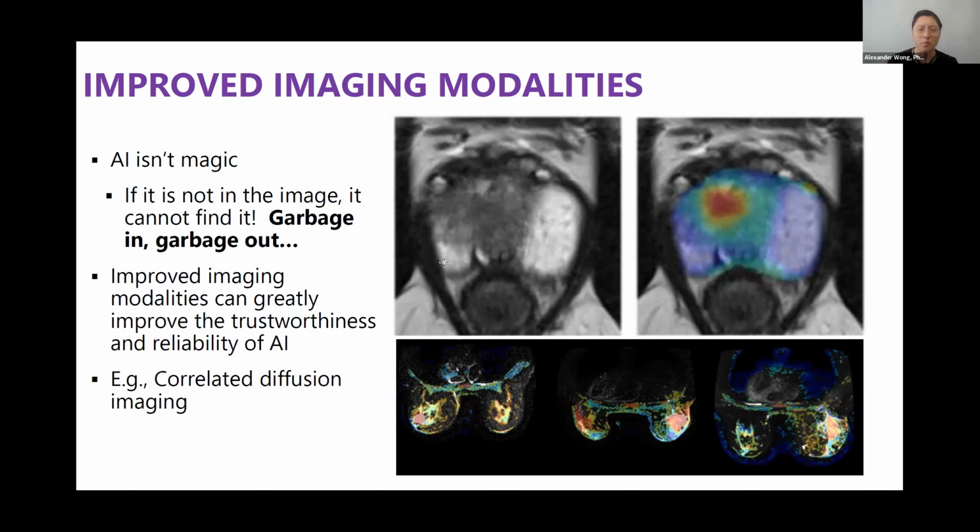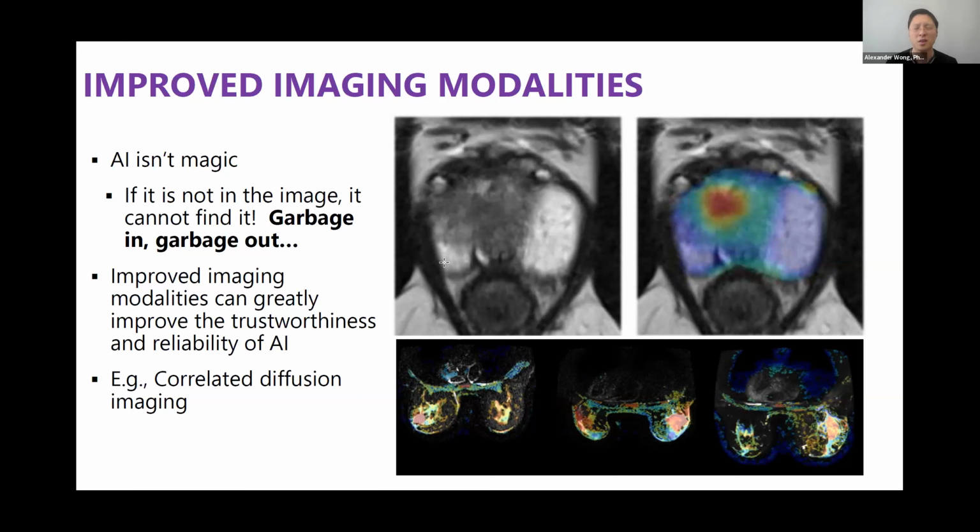And that's where improved imaging modalities can greatly improve the trustworthiness and reliability of AI. So one great example is, what if we improved it? We were dealing in this case with MRI, and we said, okay, this is not useful for building AI. What can we do instead? So we created a new form of MRI called correlated diffusion imaging, specifically for targeting cancer itself.